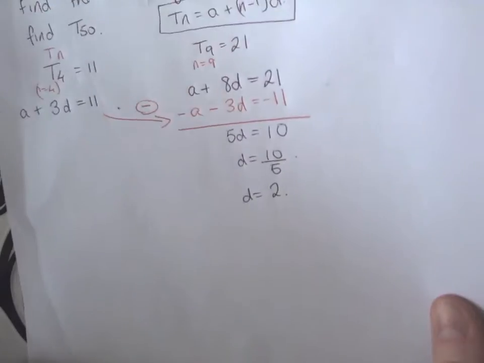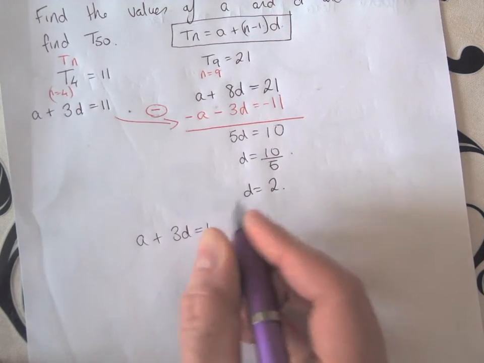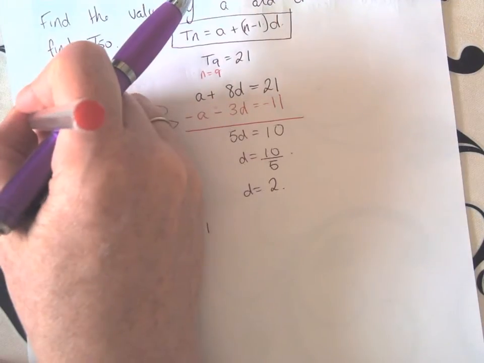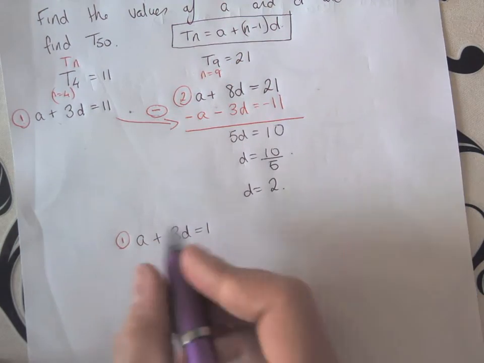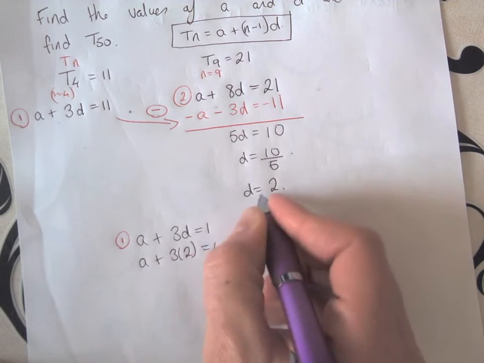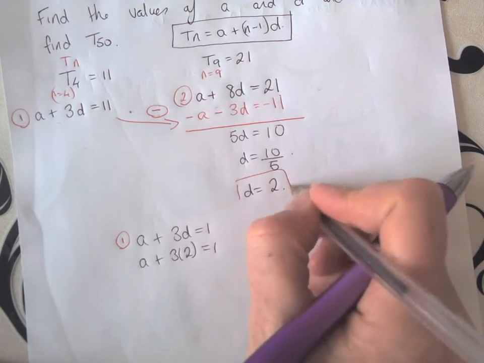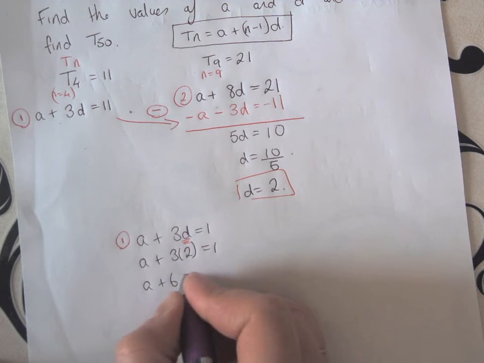And then once you have D, you can put it back into either one of your equations that you had up here. So this is the first one and this is the second one. So I'm just putting it into the first one. A plus 3 times 2 equals 11 because D is 2. So A plus 6 equals 11.